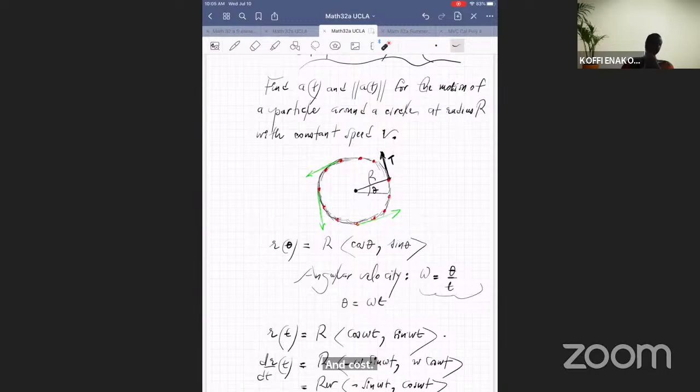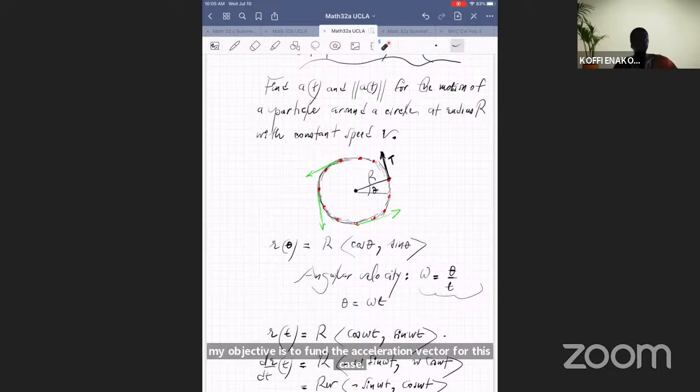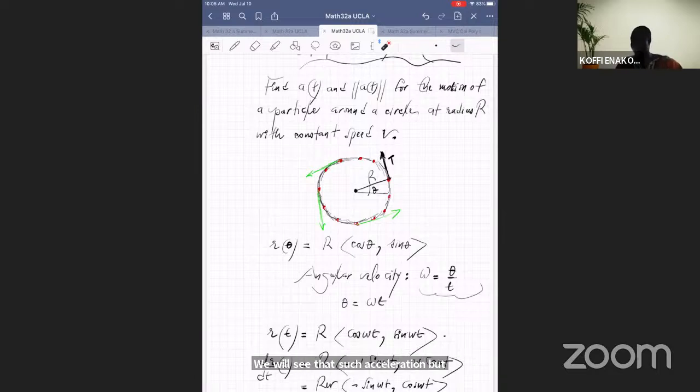My objective is to find the acceleration vector for this case. Once it is found, we will see that such an acceleration vector has a non-zero magnitude.